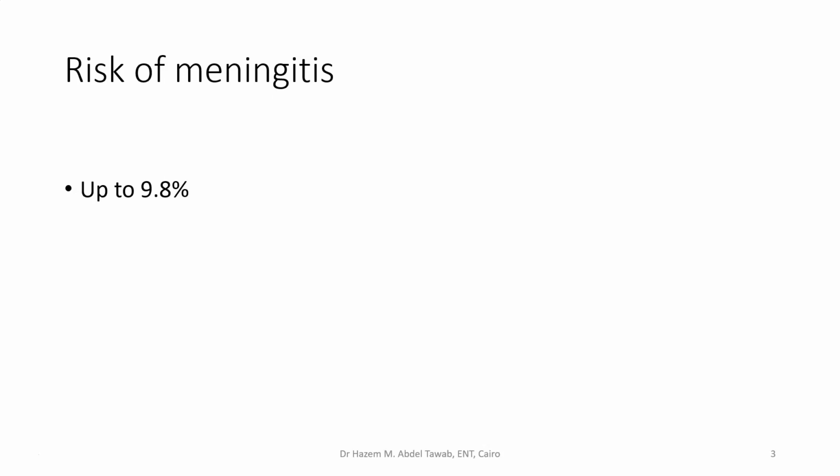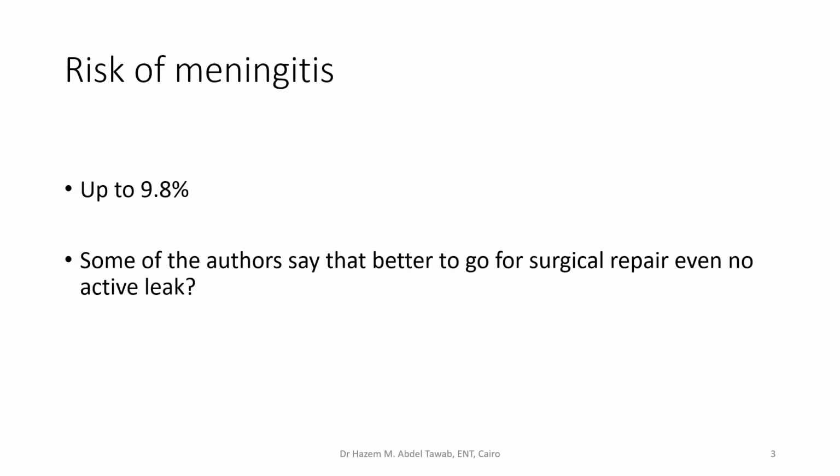CSF itself is not a great problem, but the main problem is the risk of meningitis, because it is the route for infective organisms to reach the meninges. The overall risk of meningitis might reach up to 9.8%, which is actually a very huge number.